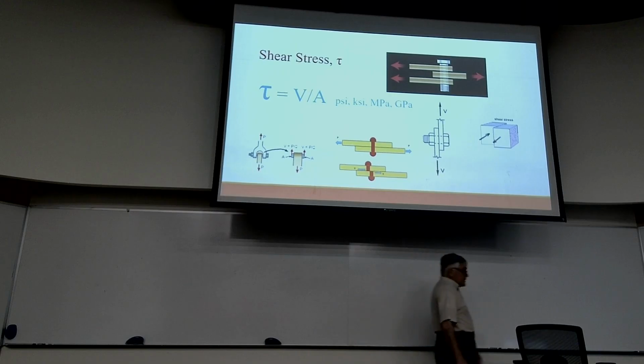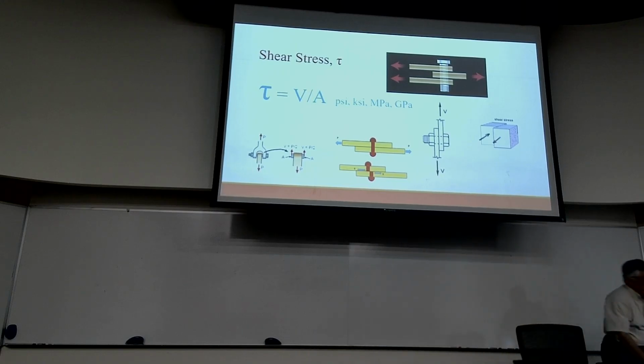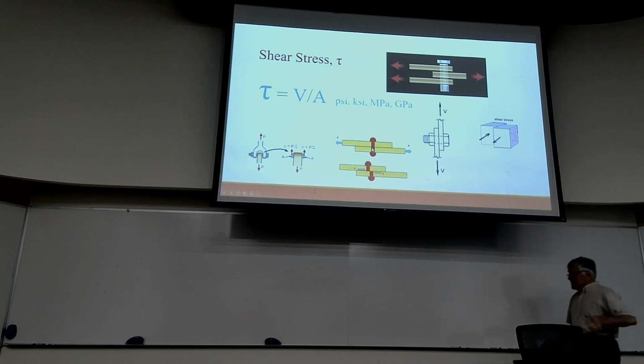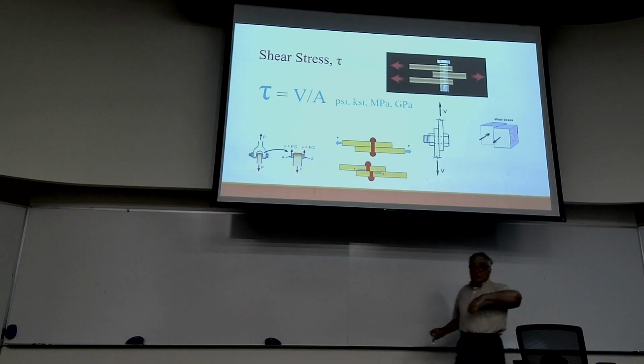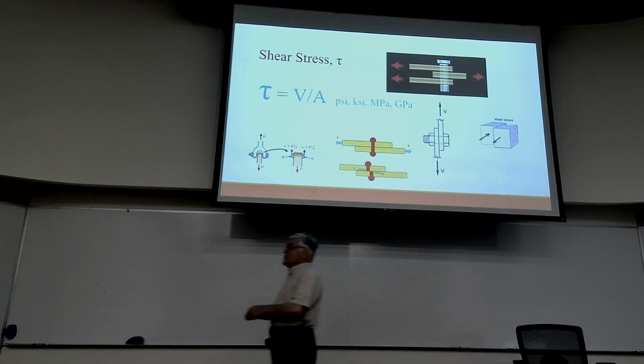Those are shown down here in yellow. Or we could be using bolts. So if you look at this situation and make a cut right in the middle of the rivet here and look at what's above it, we're going to have a figure like this.